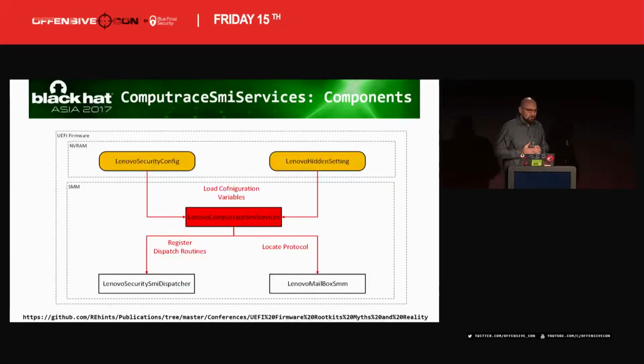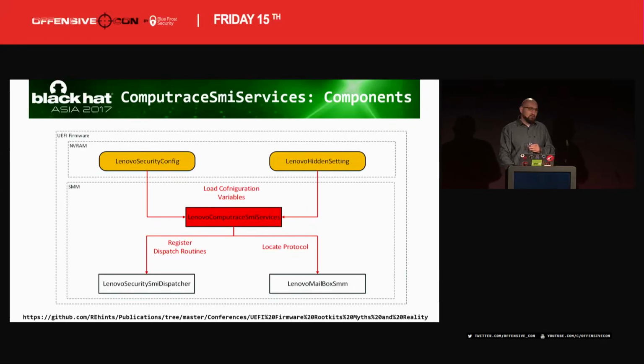This shows some architectural information about CompuTrace. We have configuration data in two storages, named security config and hidden settings. CompuTrace has an SMI service broker, which manages SMI calls between different components, and it also has a secure way of communicating with sensitive components over a mailbox in SMM.